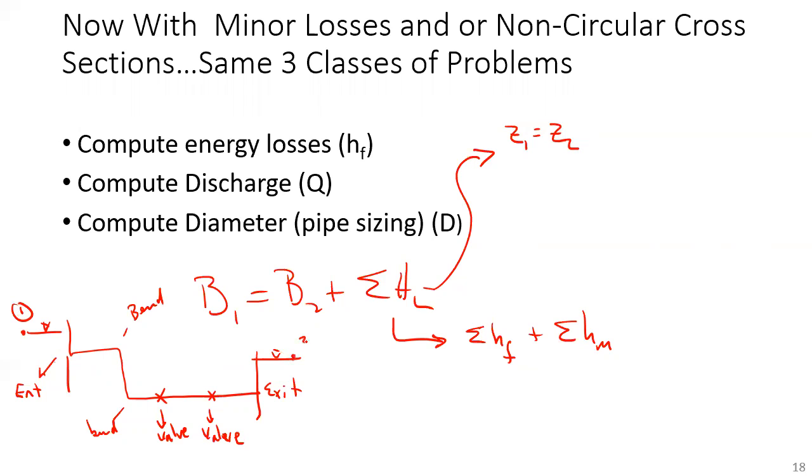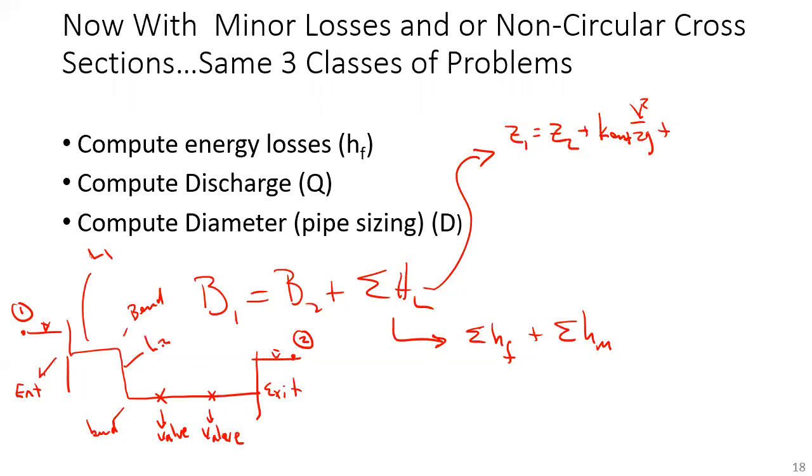If point 2 is on the surface of the second reservoir, its energy grade line E2 is just the elevation Z2, plus, and let's just charge through it, we have K entrance, V squared over 2g, plus you have a length L1 of pipe between the reservoir and the first bend.